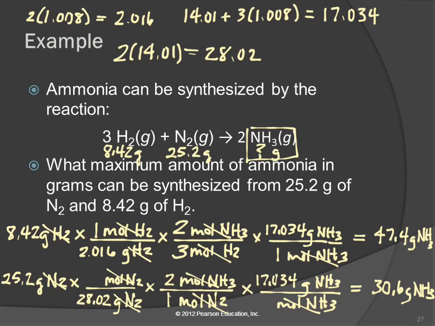So we did all that hard work. Don't forget to finish. We have to choose one of those. It's the smaller one. This is the amount that can be synthesized if everything goes perfectly. It doesn't ask for the limiting reactant, but what is the limiting reactant? It's nitrogen. Any questions?